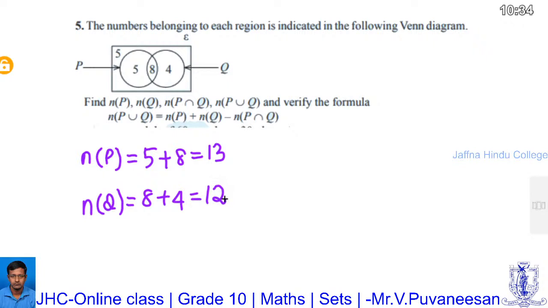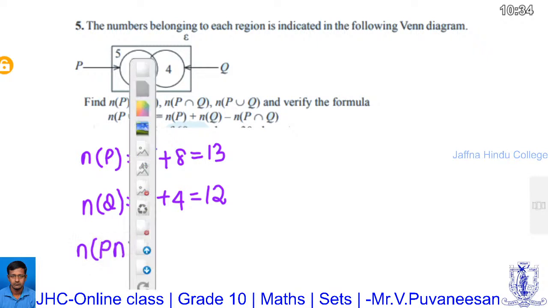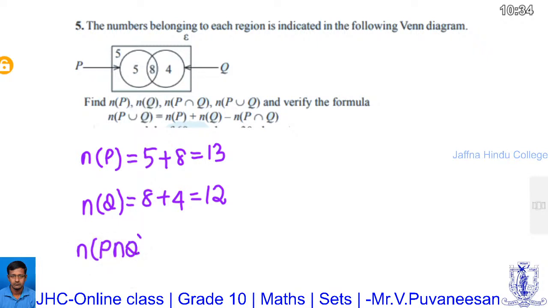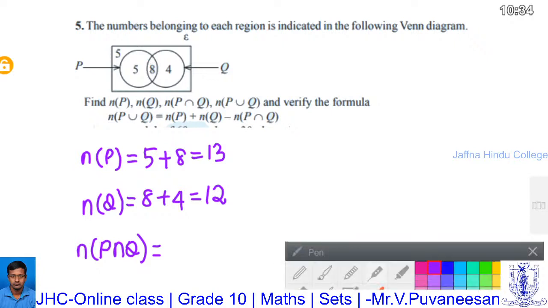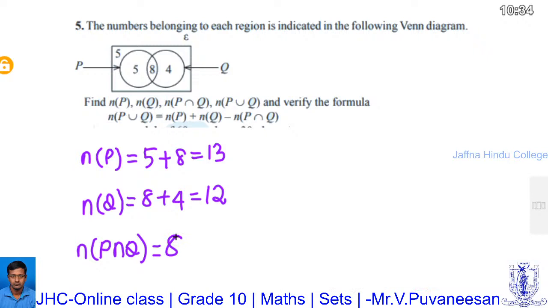Next one, number of P intersection Q, which is the region P intersection Q, the common region for both P and Q. Here there are 8 elements, that is given 8.